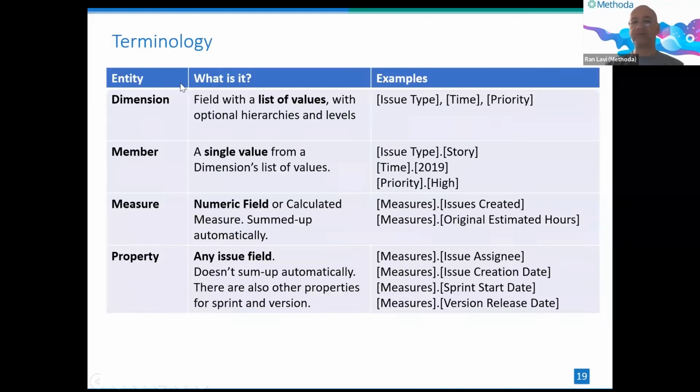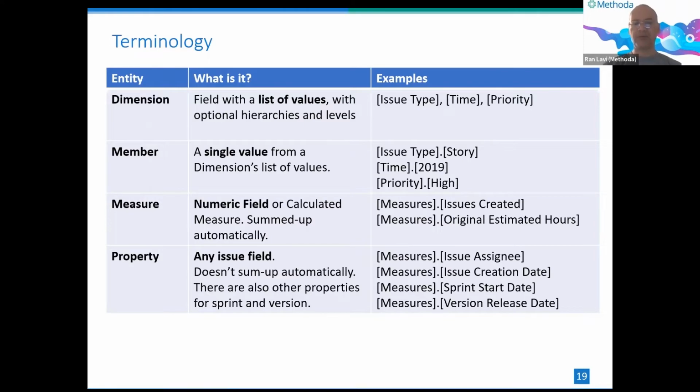Okay, so if we understood what is a dimension and what is a member, let's look at what is a measure. A measure basically is a numeric field. It can also be a calculated measure which contains a formula, and we will learn about it during the training.